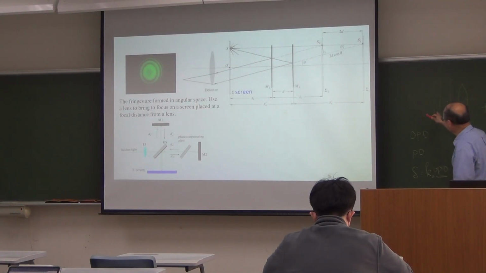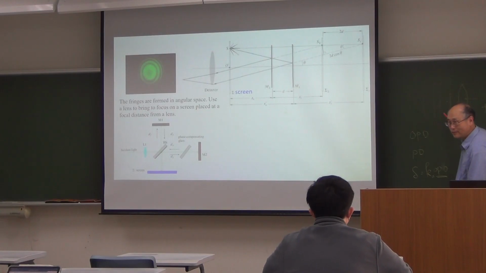Even though this plane wave propagates with an angle, you still see the bright spot on the focal plane. So when we talk about interference between plane waves, we use the lens to see the spot on the focal plane.